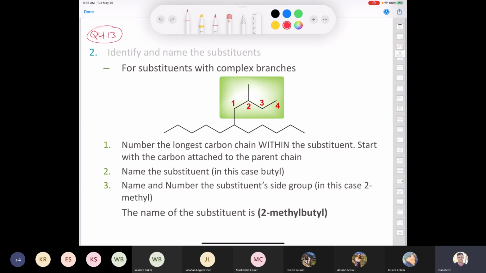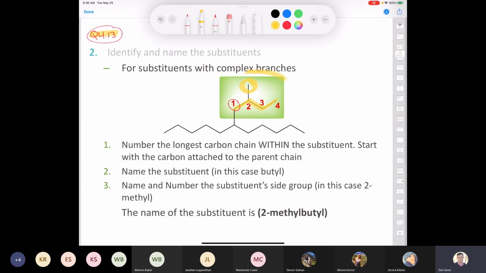You start by numbering the longest carbon chain inside that substituent, and you can see that it's got 4 carbons. You start with the carbon attached to the parent chain, so that's this one here. You name the substituent. So if you have 4 carbons in a row, 1, 2, 3, 4, that's called a butyl. And then we have a methyl group on carbon 2. So you call it a 2-methylbutyl. And then you put it in brackets in the full IUPAC name, and you'll see that in question 4.13.